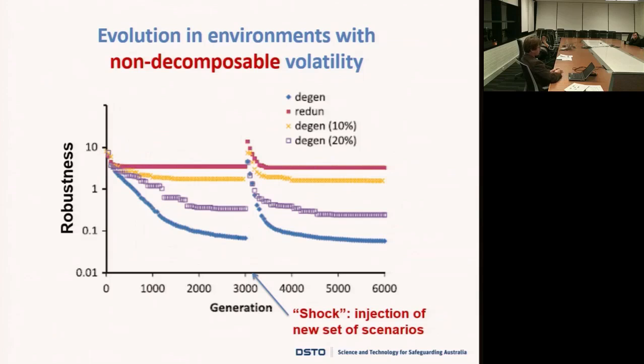At that point, at 3000, we injected a completely new scenario and looked at how quickly and how well these fleets, or the multi-agent system, can again adjust to this. And there's two things you see. Again, degenerate fleets get back to pretty much the same type of robustness.